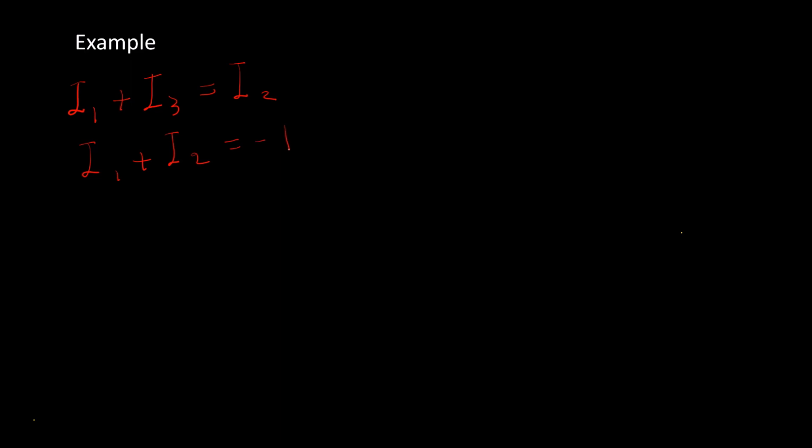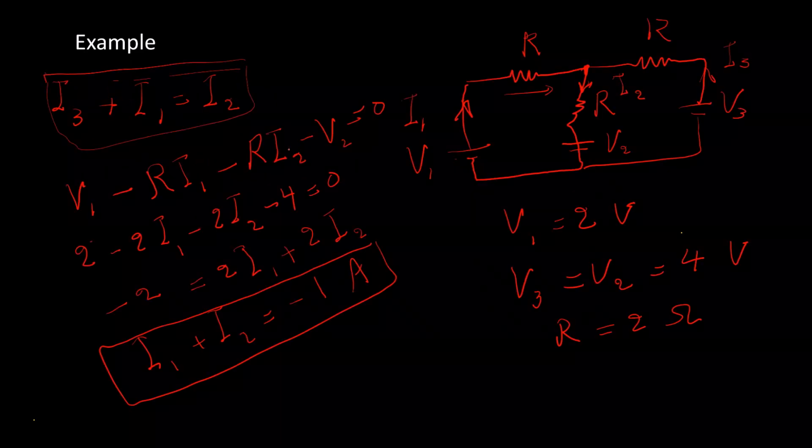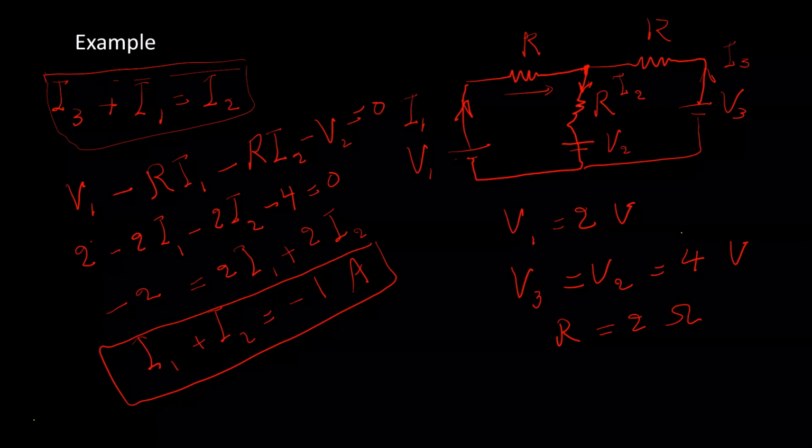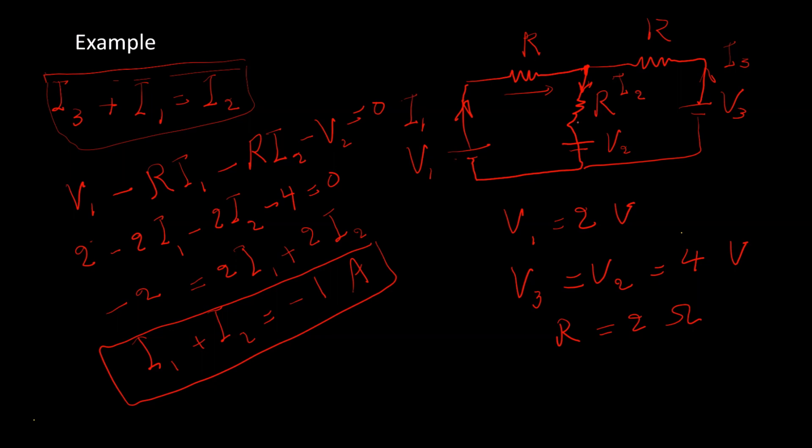We need one more equation. So if you go back, you see that if you look at this loop, you see V3 minus IR minus V2, which is 0. See, V2 and V3 are the same. So it's 4 volts minus this IR minus this IR minus 4 is equal to 0, right?